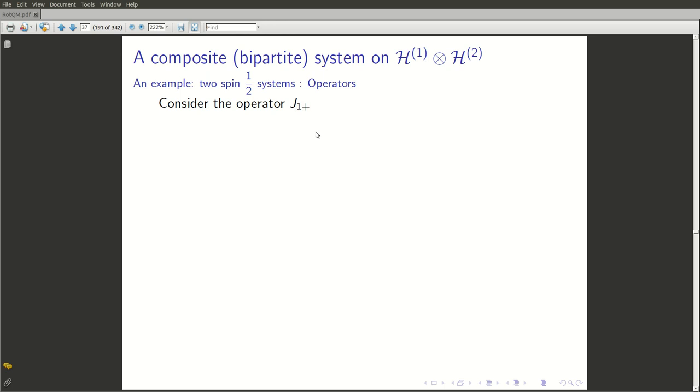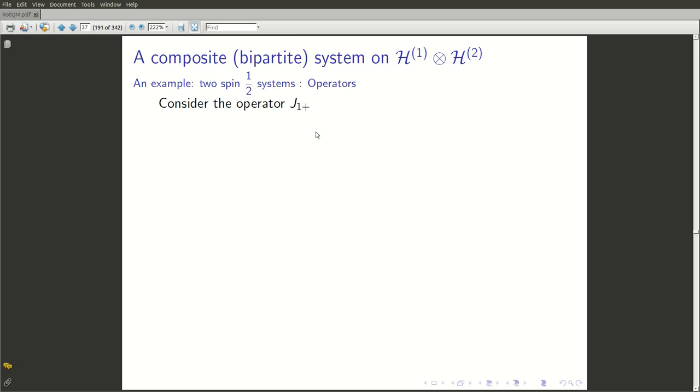And as such, the operator J1 plus does not really act on H1 cross H2, the composite or direct product vector space. So if we are talking about the operator J1 plus on the bipartite system H1 ⊗ H2, what we really mean is a direct product operator. This is important. Very often the notation will hide this. In fact, we are going to often use notation which will hide this fact. But J1 plus alone is an illegitimate operator on H1 ⊗ H2.